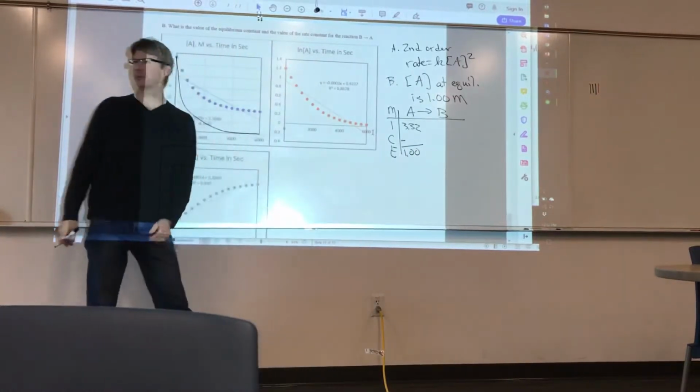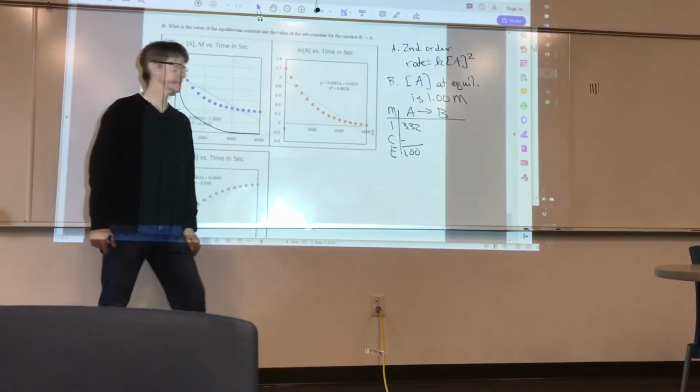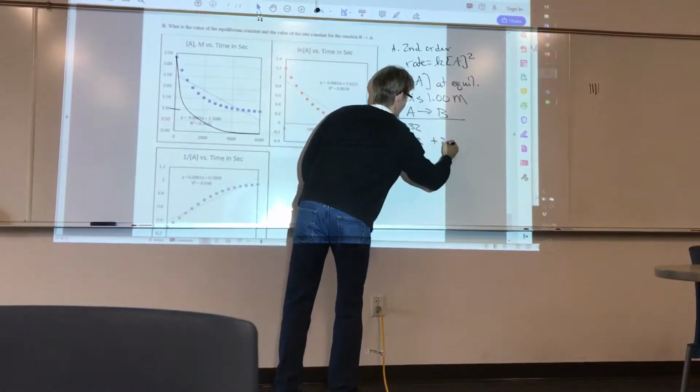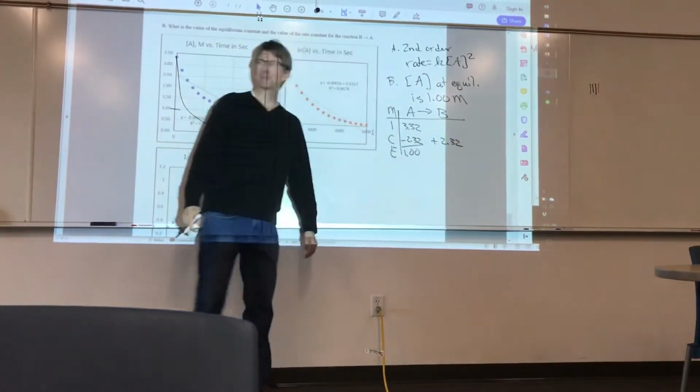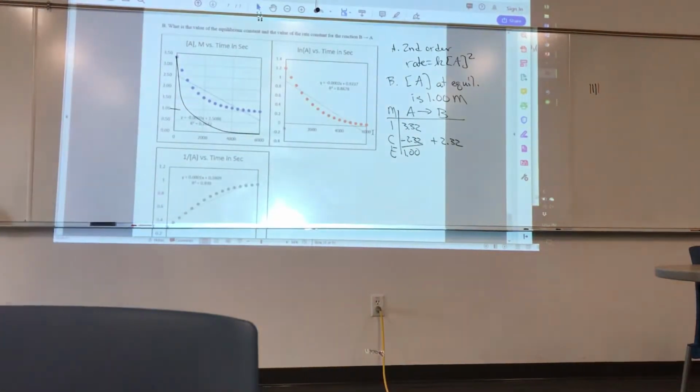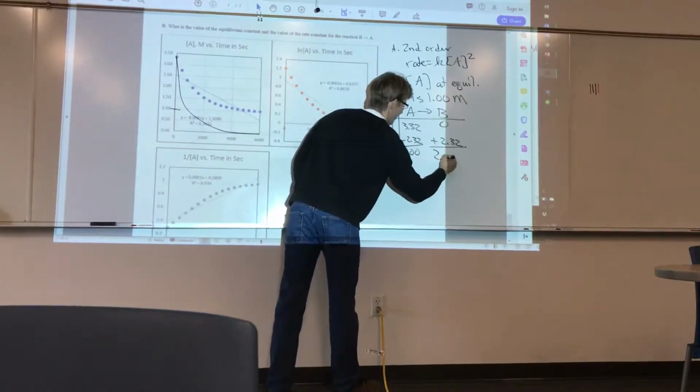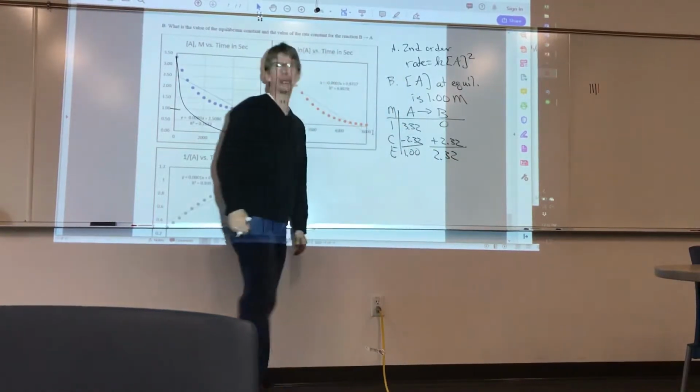You subtract some off, you end up with 1. This number has to be 2.32. And if the molarity changes by 1 part for the reactant going away, then that much must be made by the product. You may assume that we start with 0, and you may end with 2.32.